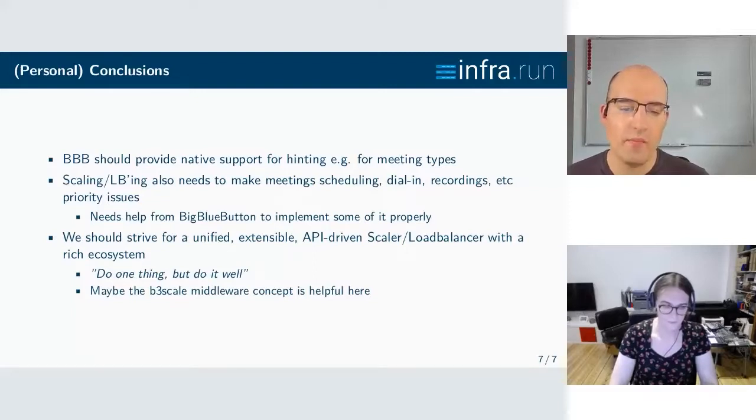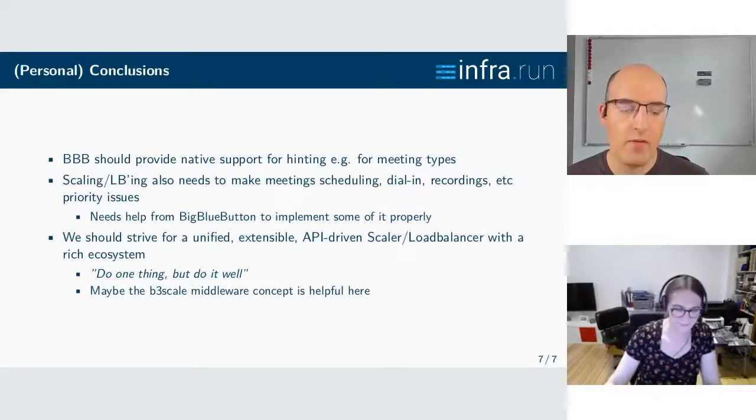And if we need extensibility, maybe the b3scale middleware concept is something that could be adopted. And again, I'm not suggesting to use b3scale or drop Scalelite or whatever. It's just an idea that I want everyone to take and hopefully run with.